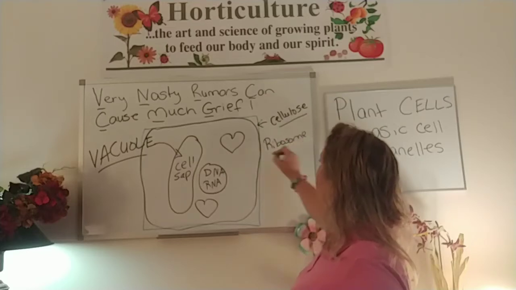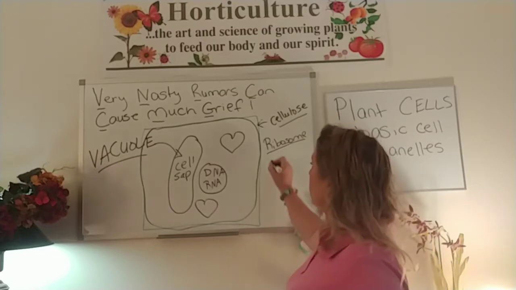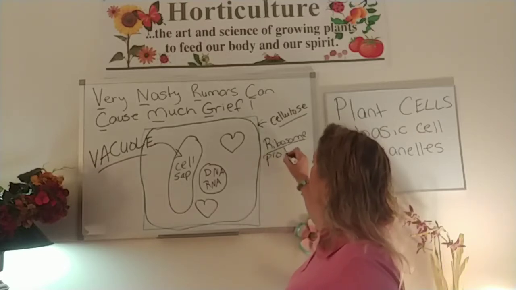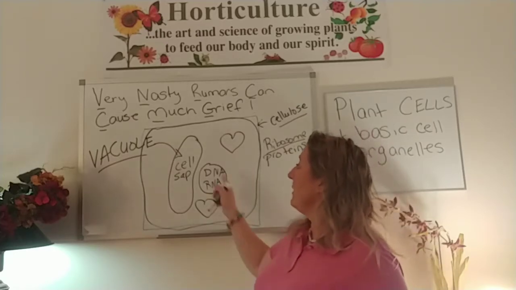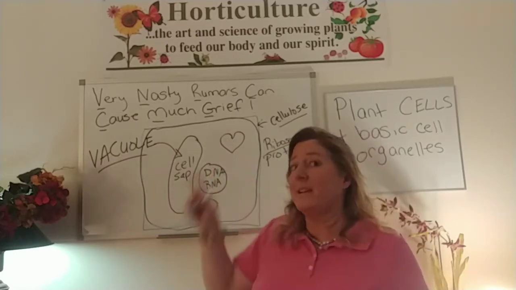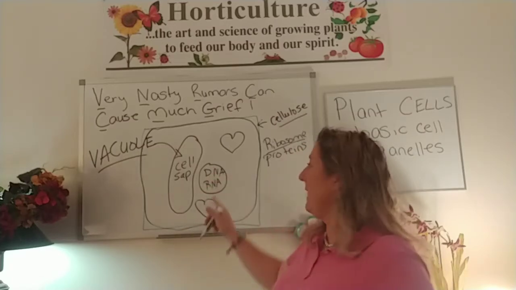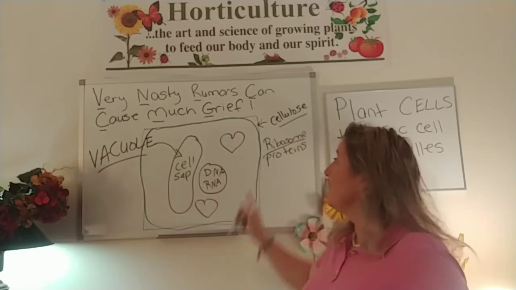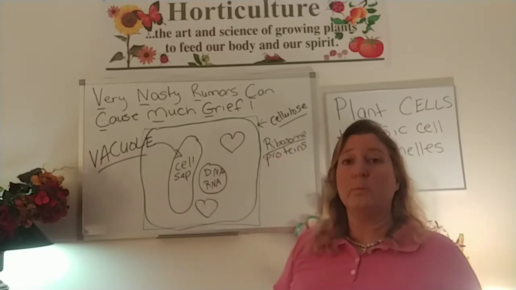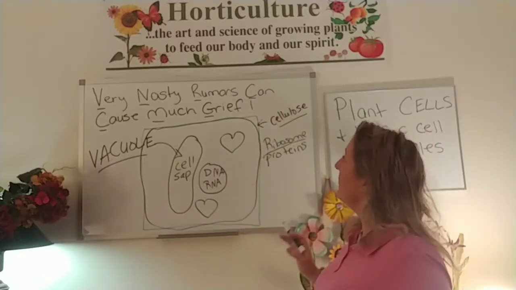A ribosome actually produces proteins, okay? It takes amino acids, and whatever the DNA says needs to be made, the RNA will go out and tell the ribosomes what to make. So the ribosomes will build proteins. A little heart, just to differentiate them.